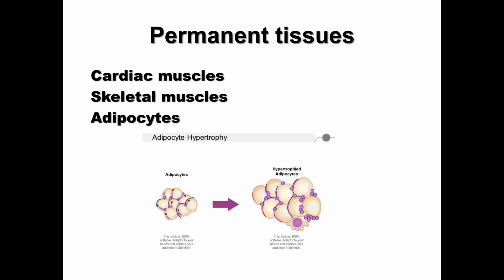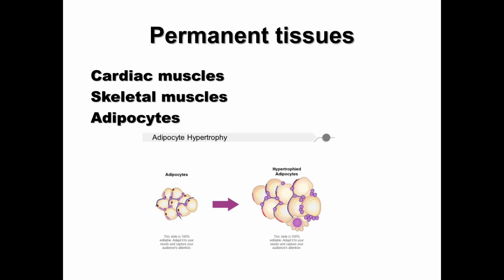Now, where does hypertrophy actually occur? Usually in permanent tissues like cardiac muscles, skeletal muscles, or adipocytes as well. So these are the locations where hypertrophy mostly occurs.